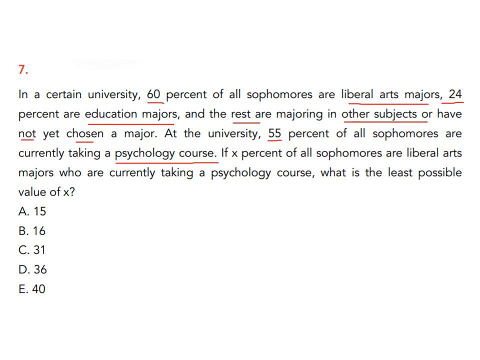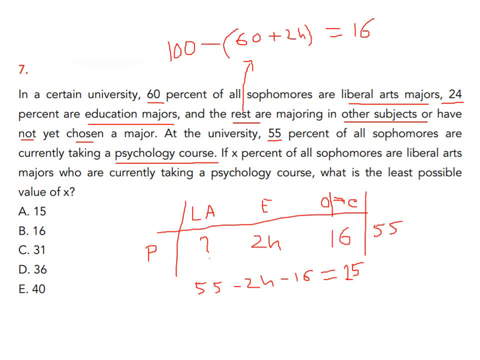At the university, 55% of all sophomores are currently taking a psychology course. The question asks, if X% of all sophomores are liberal arts majors who are currently taking a psychology course, what is the least possible value of X? The rest, those majoring in other subjects or not yet having chosen a major, are 16%.